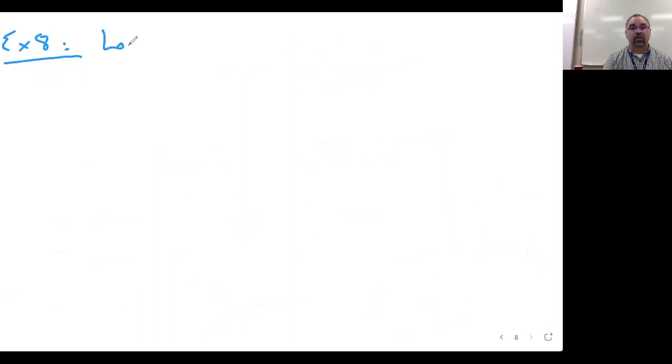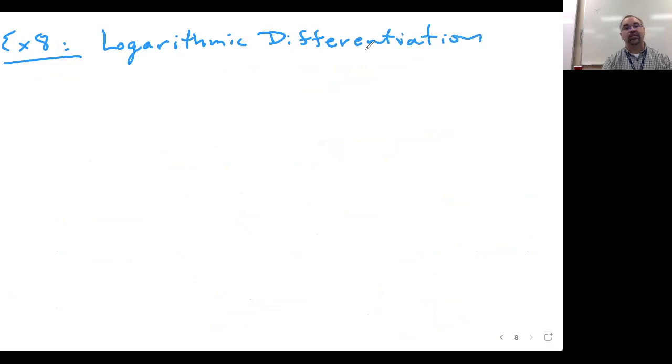This is called logarithmic differentiation. What it means is you're going to take a derivative. You're supposed to find the derivative of y, let's say. We want to find dy/dx, and y looks like this.